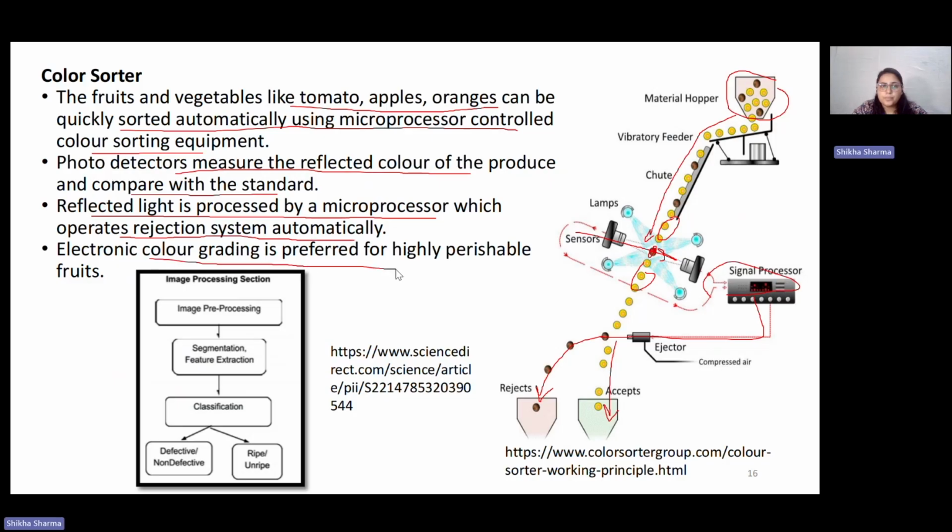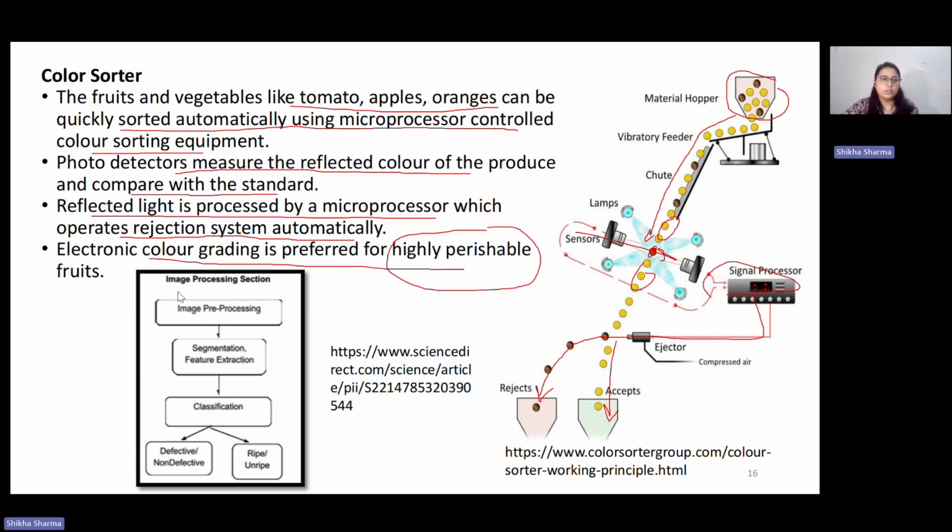This electronic color grading is preferred for highly perishable products, because based on color grading in industry, we can automatically separate materials in very bulk amounts also. If the material is highly perishable, the colors can change very quickly in fruits and vegetables.